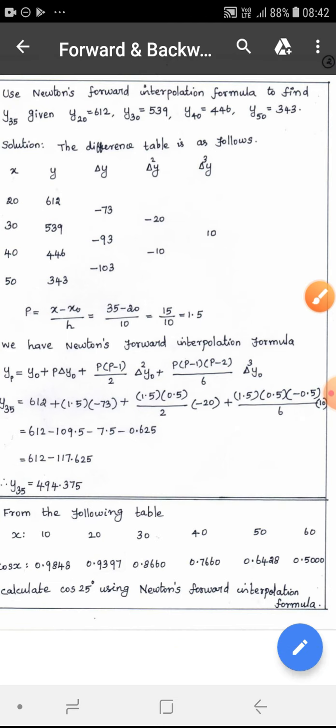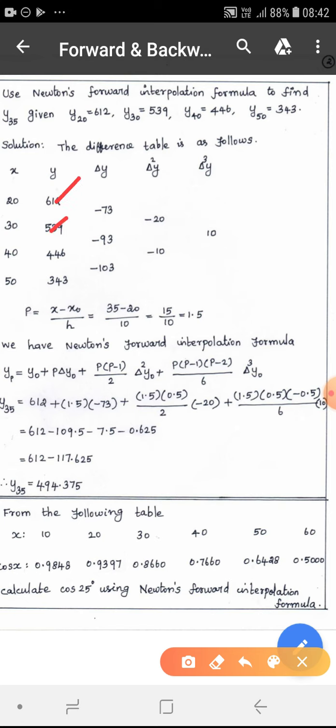So first construct the forward difference table. First two columns are x and y values, which are given in the question. Next is the first order difference. To calculate the entries of first differences, you look at the entries of the second column and calculate succeeding value minus preceding value.